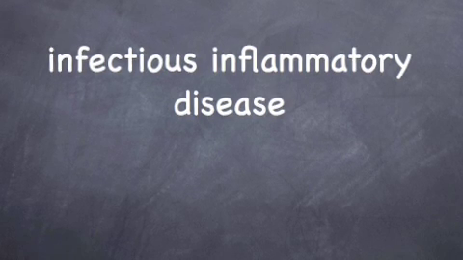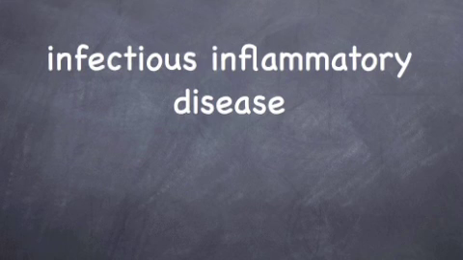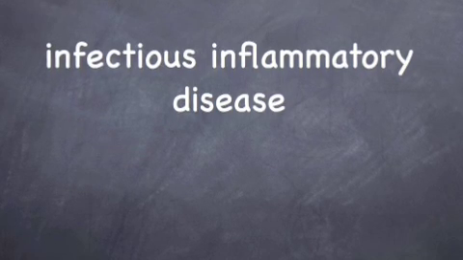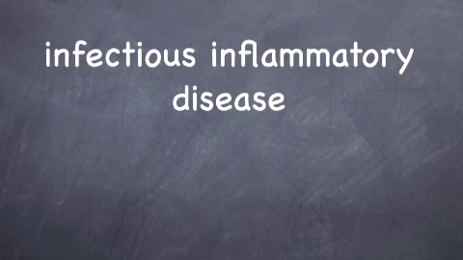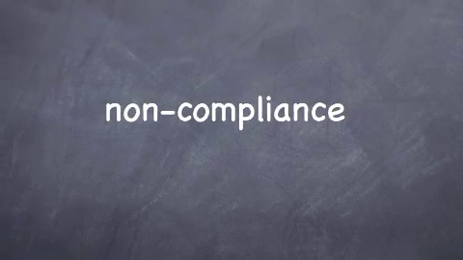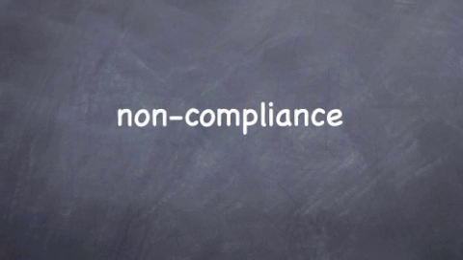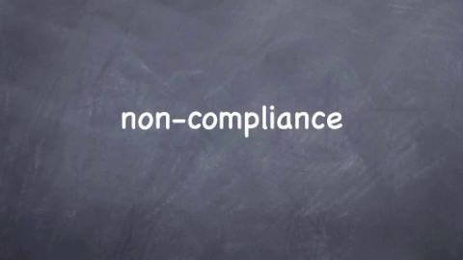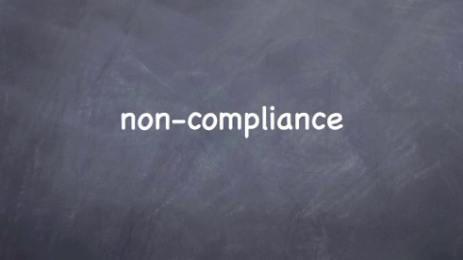Now remember what we just talked about, those risk factors are the overcrowding, the transient population. One of the other things that also contributes to the spread of this is noncompliance with the treatment for TB. We know that because we have a transient population, they may not take their medication the way they should.